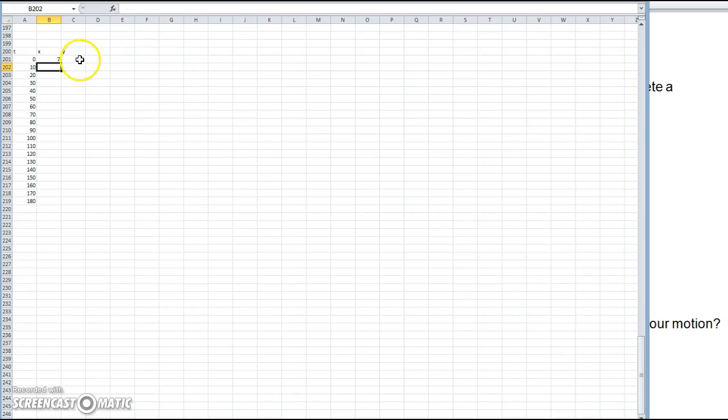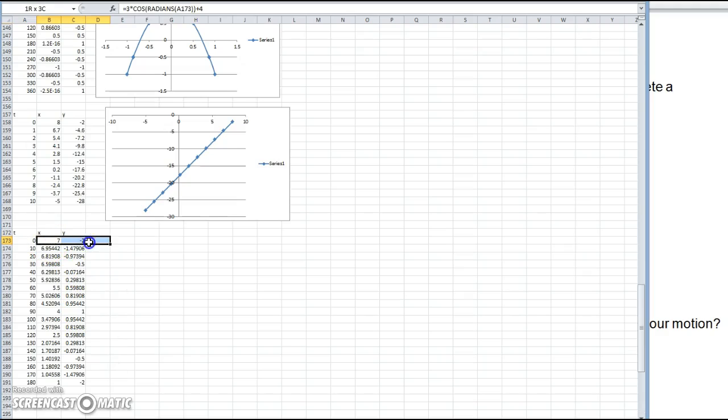So we got 7. To get y, it would be 3 multiplied by sine, radians, t, and our center point is minus 2 in this case. And there we got minus 2. So I'll just plot these.